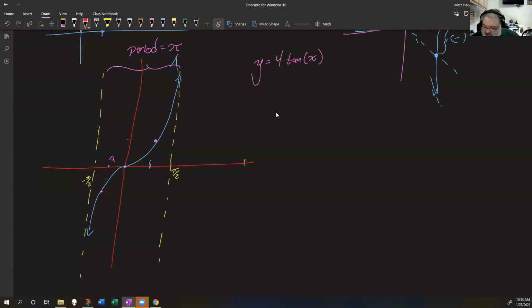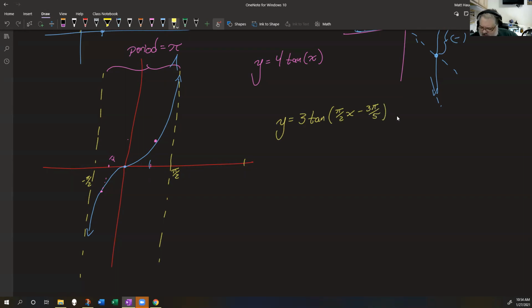But really, other than that, the nice thing is if somebody comes along and says, hey, graph y equals, I'm going to say 3 tangent of pi over 2 x minus, let's have some fun with it, 3 pi over 5.